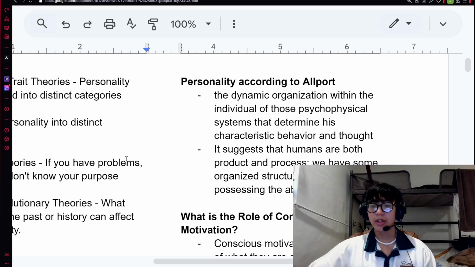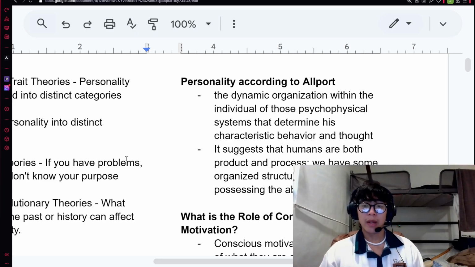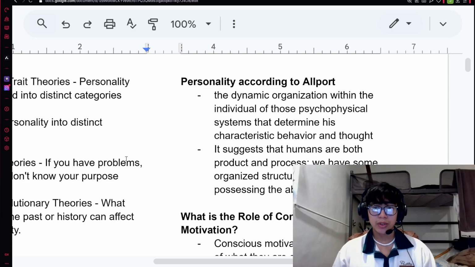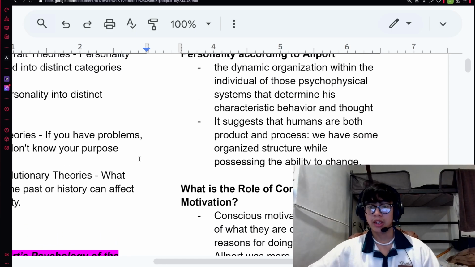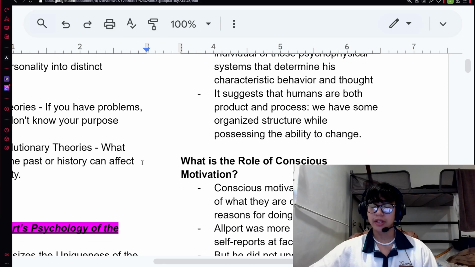So, personality according to Allport: the dynamic organization within the individual of those psychophysical systems that determine his characteristic behavior and thought. His definition is so boring, but anyway, it basically suggests that humans are both product and process.